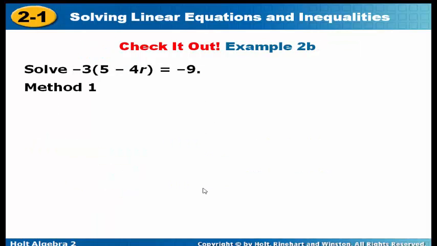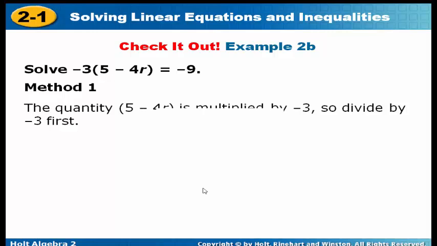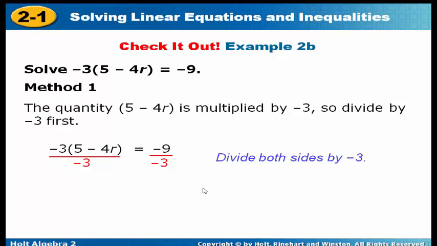Solve negative 3 times (5 minus 4r) equals negative 9. Method 1. Divide by negative 3. So 5 minus 4r equals negative 9 divided by negative 3, which equals 3. So 5 minus 4r equals 3. Now subtract 5 from both sides.